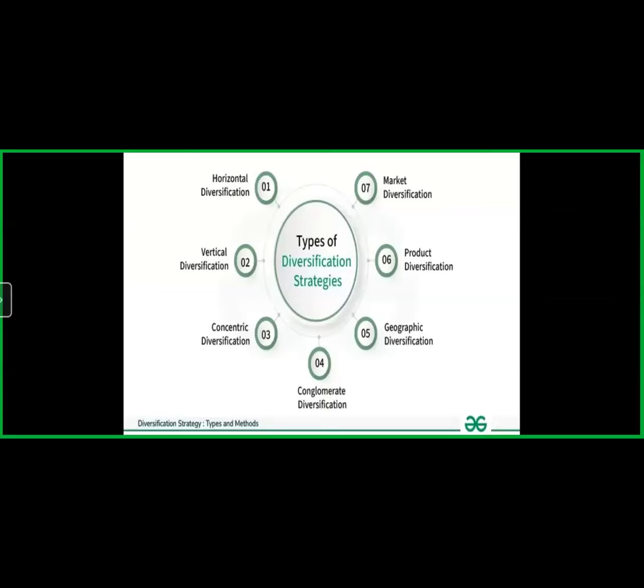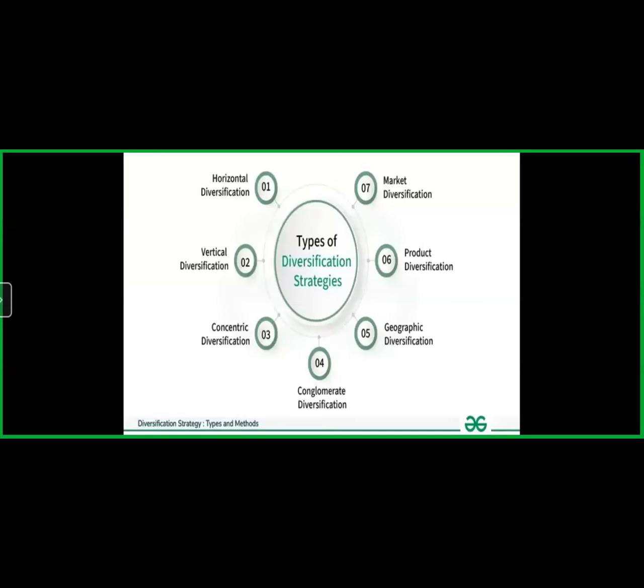The company is having one branch in Pune, another branch in Satara, another branch in Mumbai, another branch in other cities of Maharashtra, or outside Maharashtra also, or outside the country also. And that is known as geographic diversification.